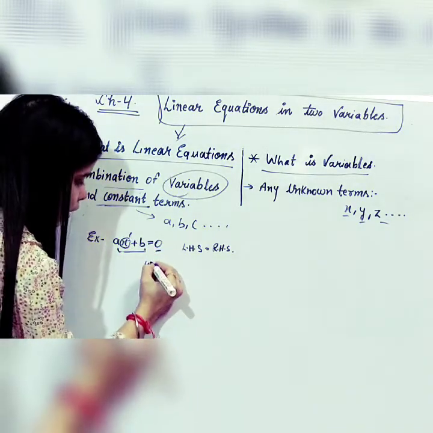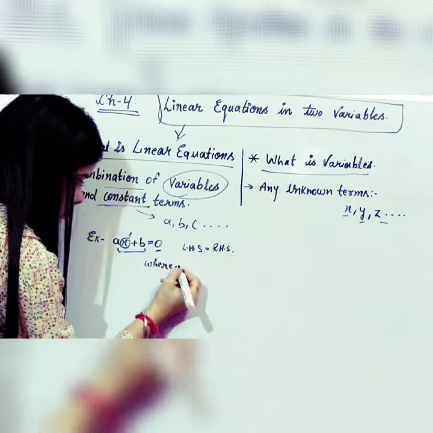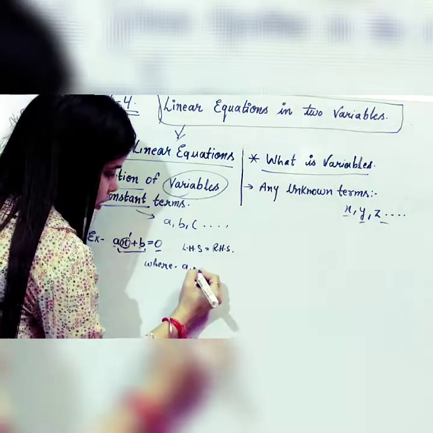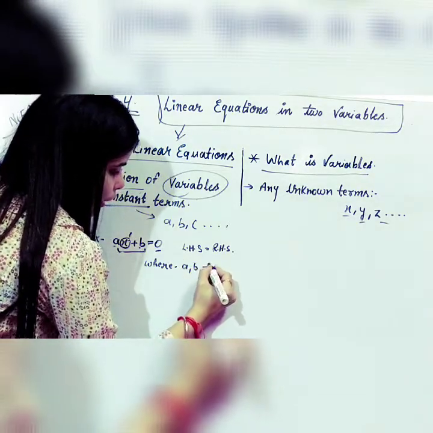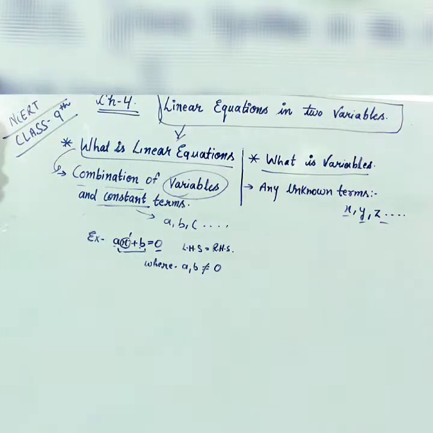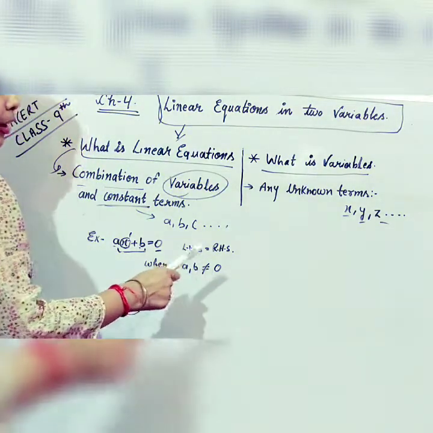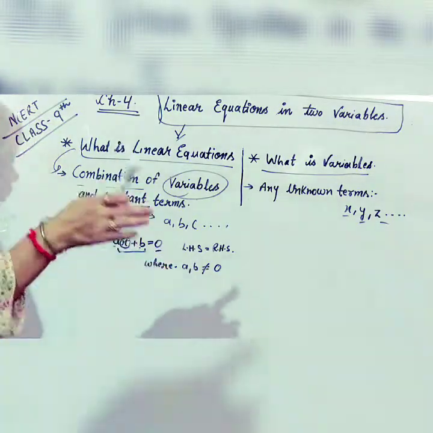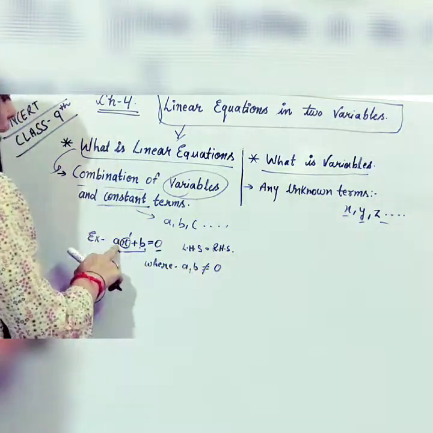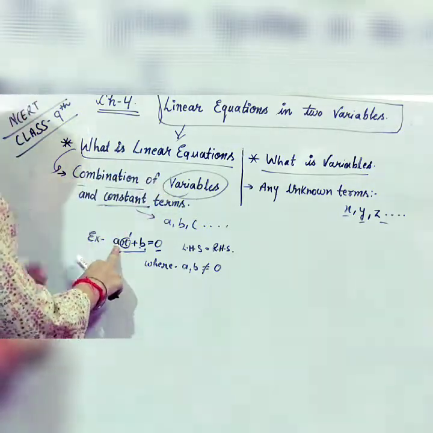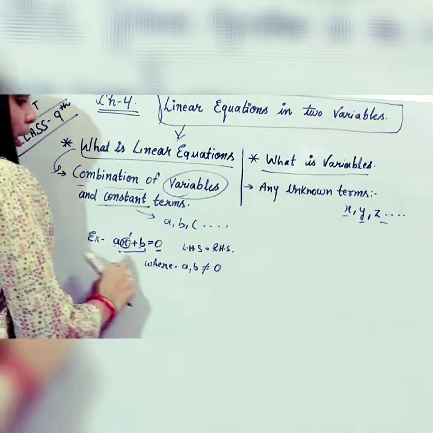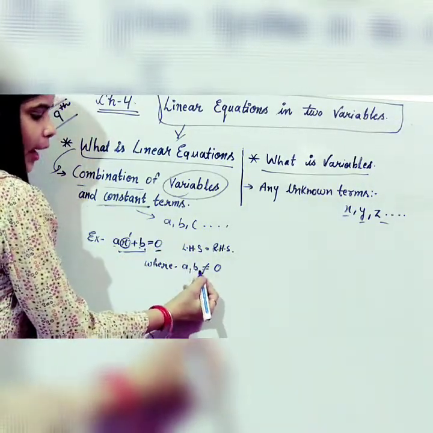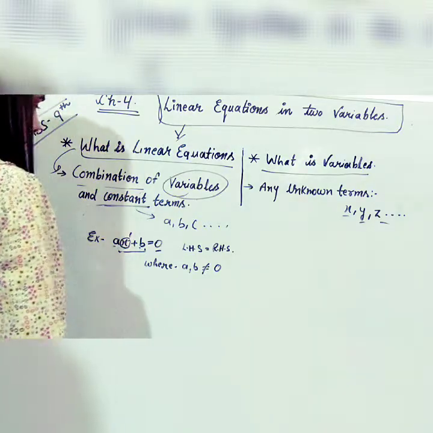And here a and b will never be 0. If we take a equals 0, then the variable will be hidden. So that's why we do not take a and b as 0.